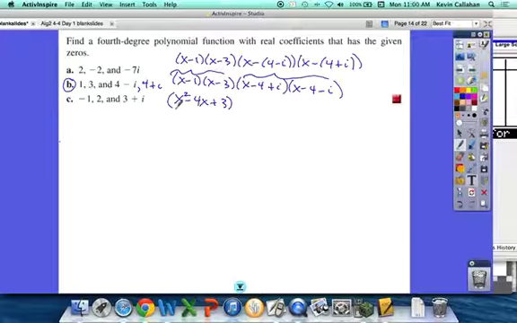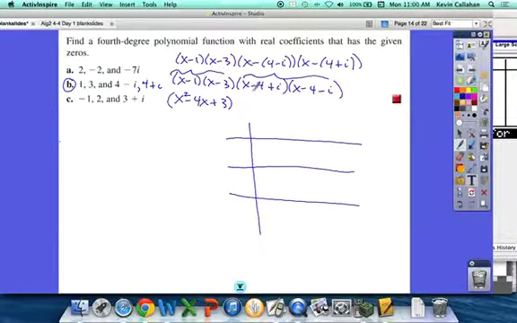Okay, now in order to multiply the trinomial in each set of parentheses here, I'm going to recommend that you use a grid like this. On one axis, you're going to write one of the factors, x minus 4 plus i.